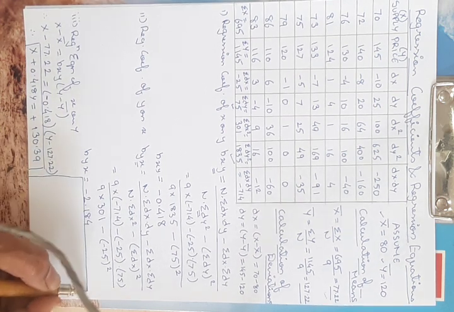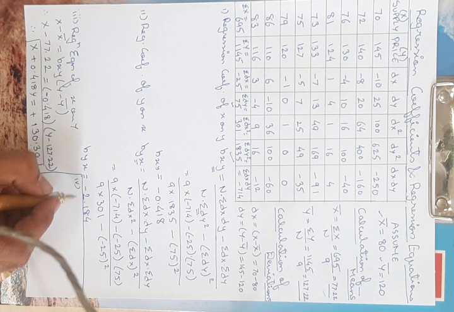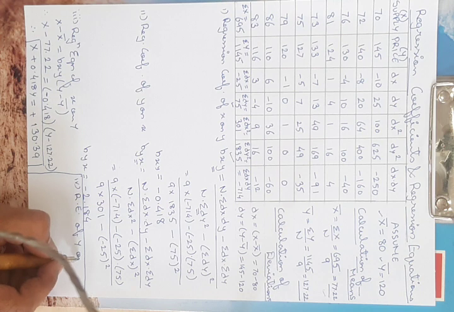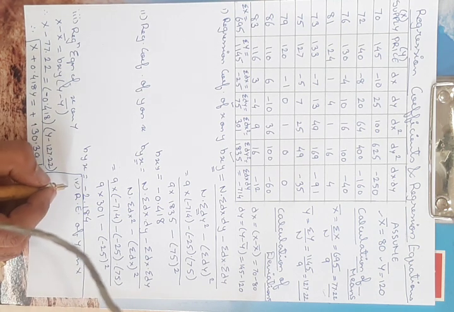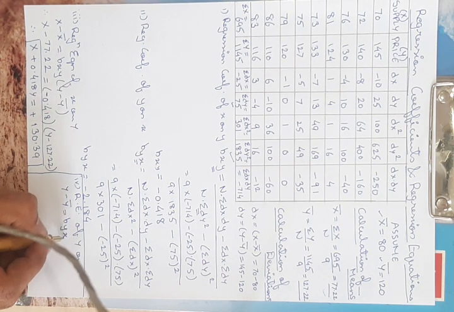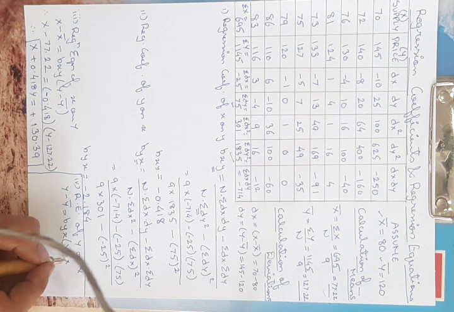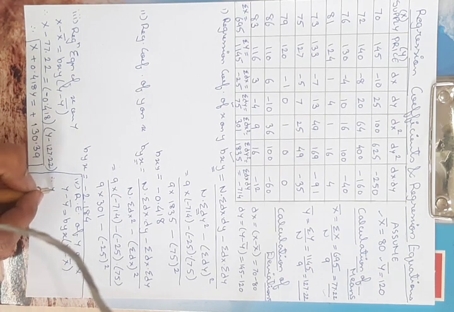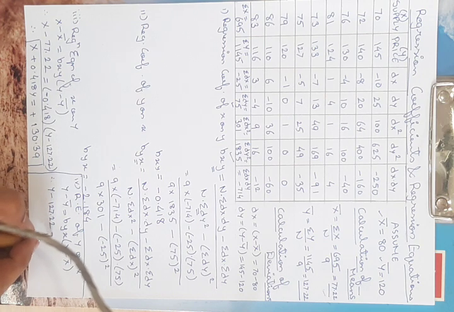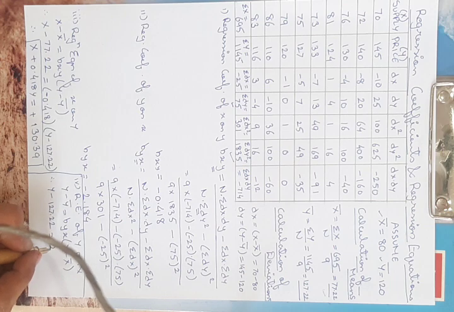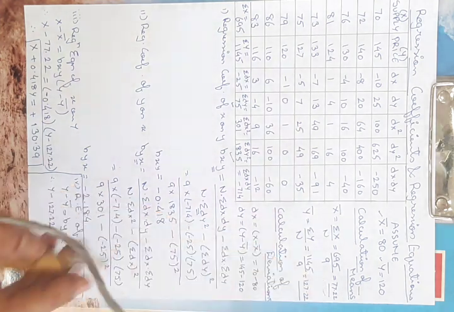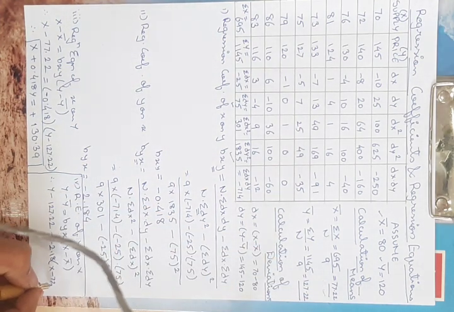Next, we will calculate the fourth value, that is the regression equation of y on x. This is given by the formula y minus y bar is equal to byx into bracket x minus x bar. So y minus y bar, that is 127.22, is equal to byx, that is minus 2.18, into bracket x minus x bar. The value of x bar is 77.22.